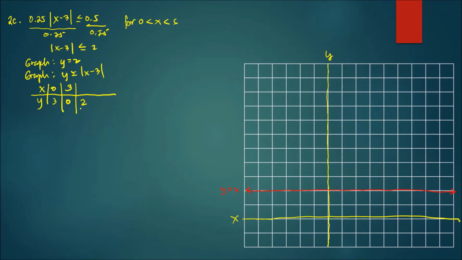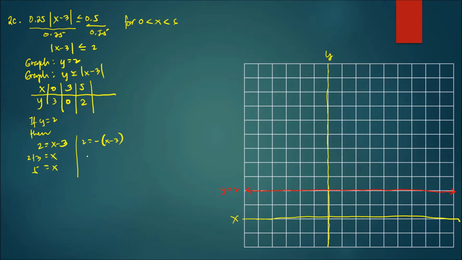So if y is 2, then we have 2 is equal to x minus 3, or we have 2 is equal to the negative of x minus 3. So we have x is equal to 2 plus 3, or x is equal to 5. So this is our first point, 5, 2.